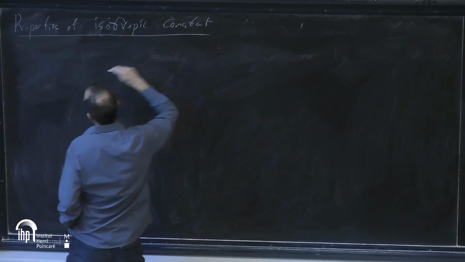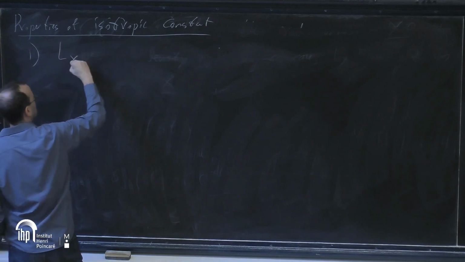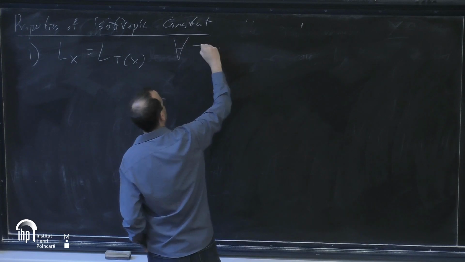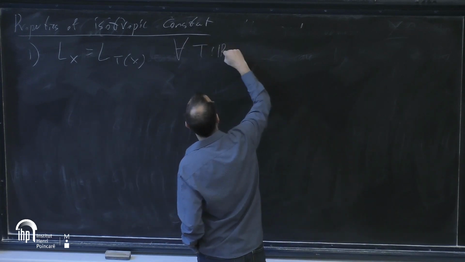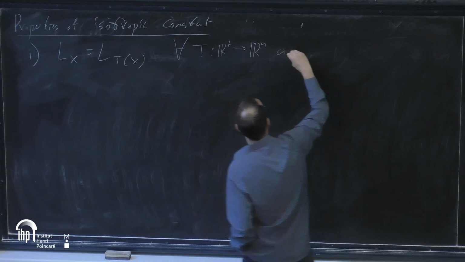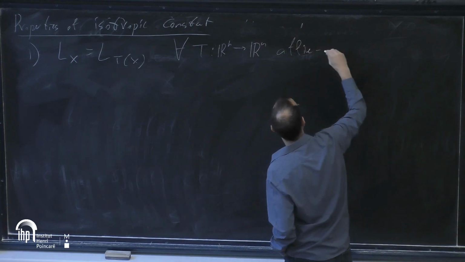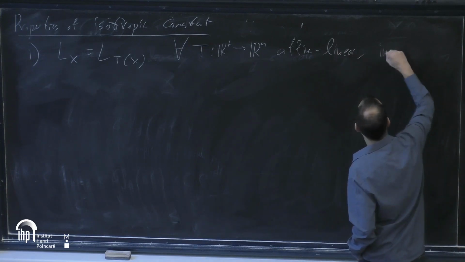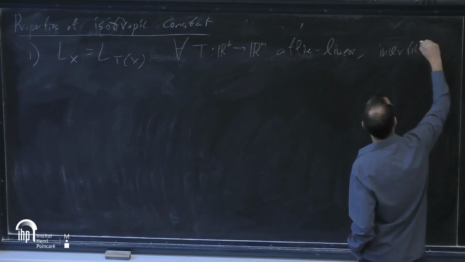It is affine invariant, for any t affine linear. Invertible, actually. It's important to say invertible, otherwise you would solve the slicing problem.